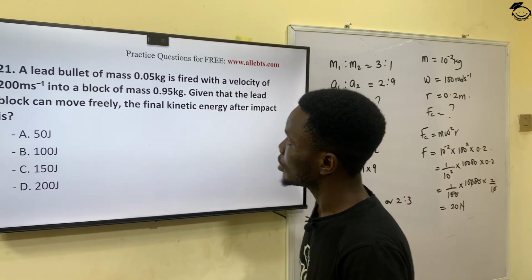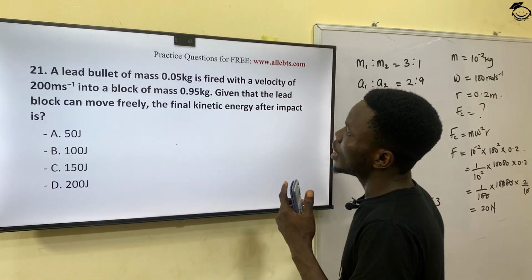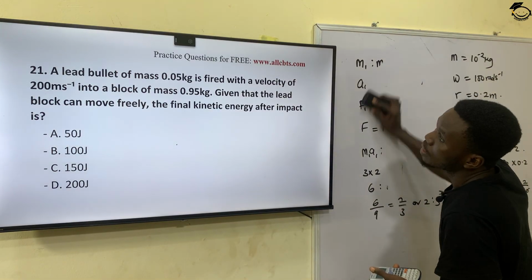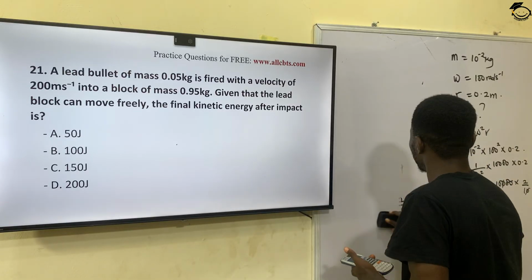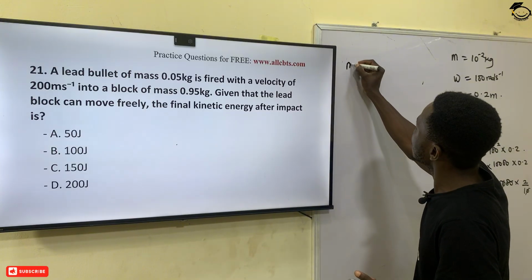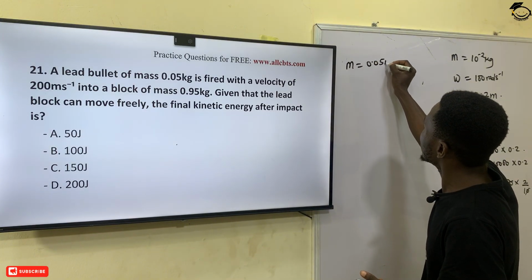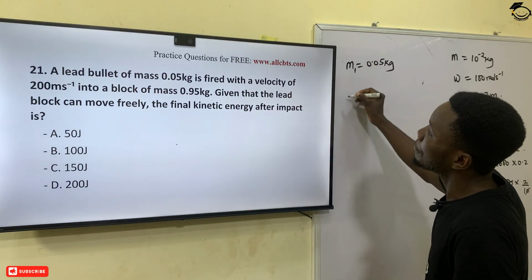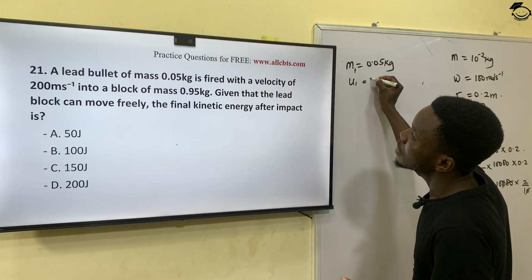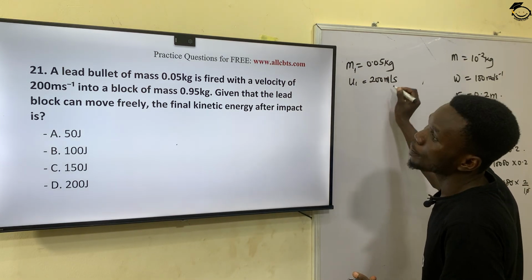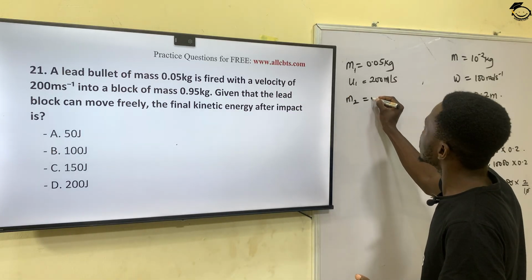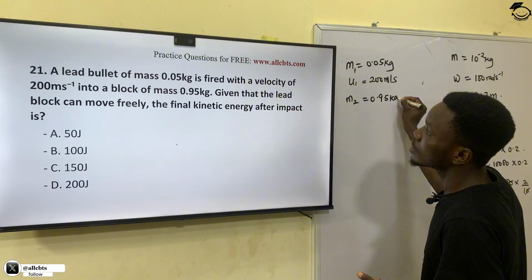So that takes us to question number 21, which says a lead bullet of mass 0.05 kilogram. So we have our mass M1, mass of the bullet, as 0.05 kilogram, fired with a velocity U1 of 200 meters per second into a block of mass, so we have a block of mass 0.95 kg.